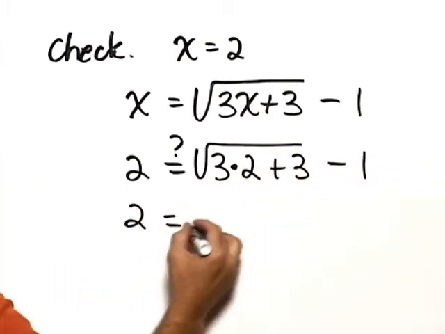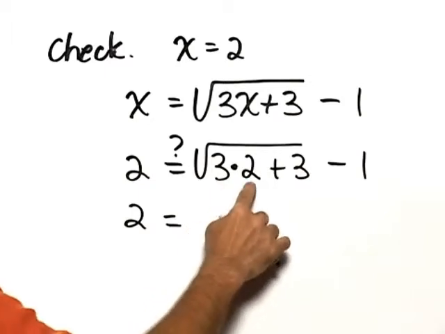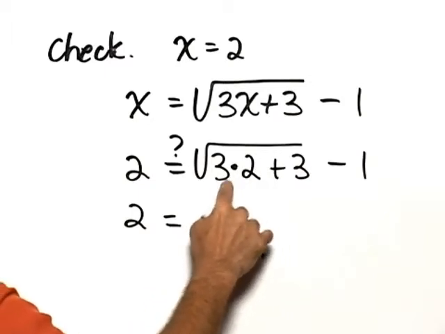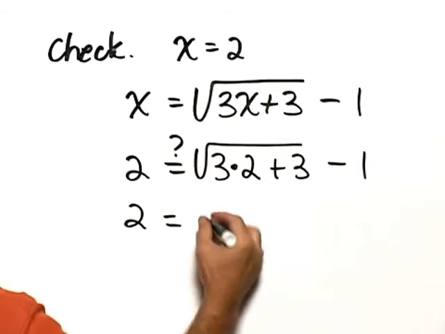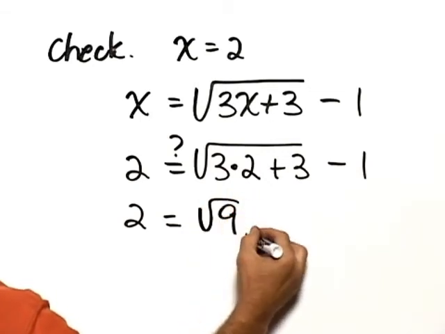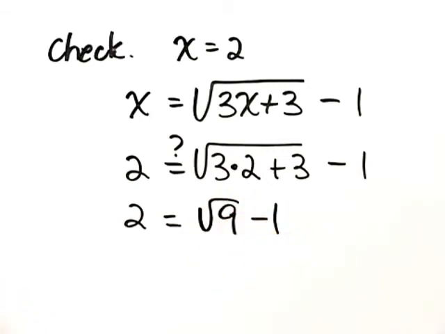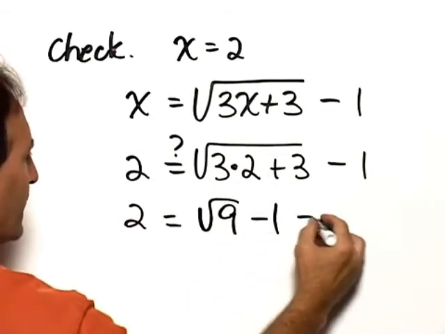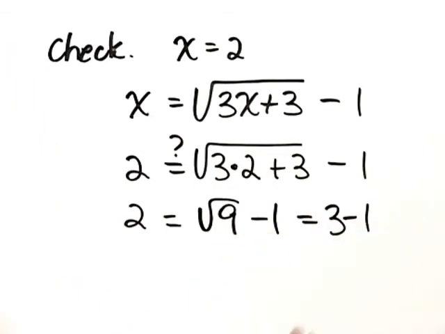So that's 2 equals, 3 times 2 is 6, 6 plus 3 is 9. So that's the square root of 9 minus 1. Well, the square root of 9 is 3. This is 3 minus 1. And 3 minus 1 definitely equals 2.